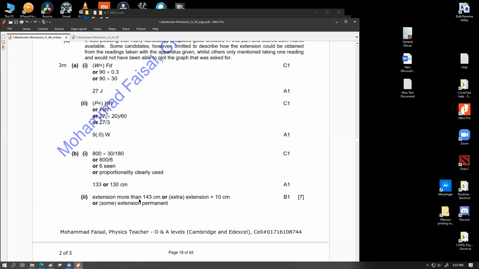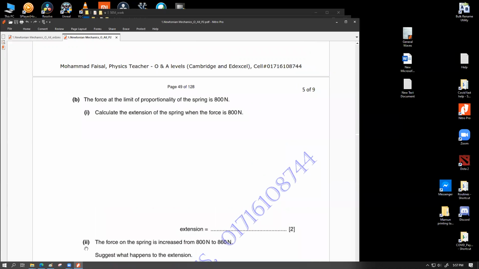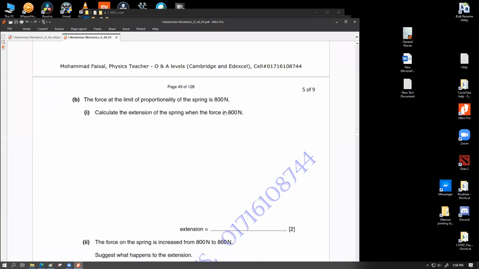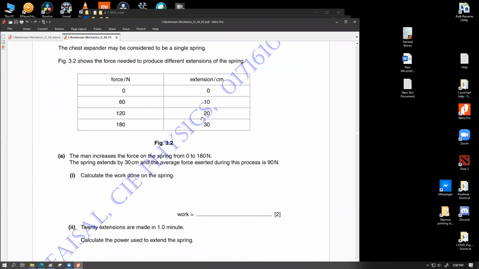Okay, I'll help. The 10 centimeter idea is that within the limit of proportionality, the force and the extension are directly proportional. So every equal increment of force gives you an equal increment of extension. Up to 800 Newton, you would have the same proportion. I obtained the 10 centimeter from this table: if we apply an exclusive 60 Newton force onto the spring within the limit of proportionality, the extension should be exactly 10 centimeter.